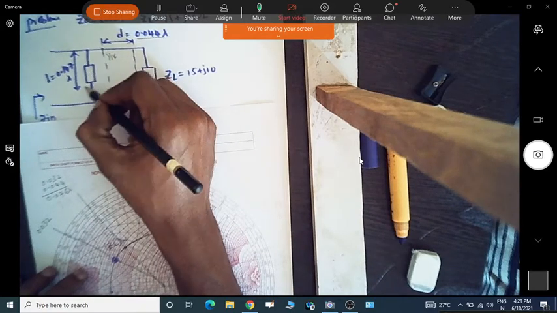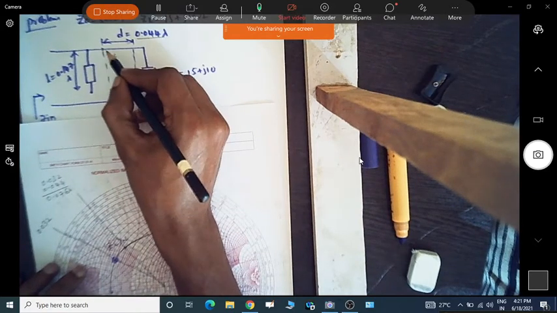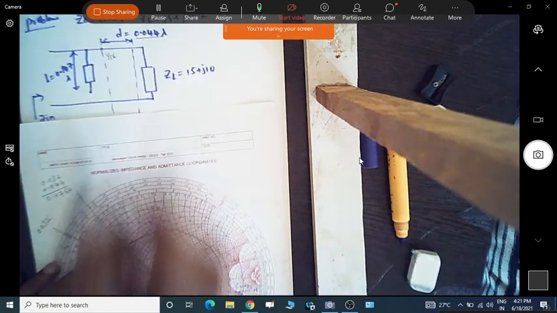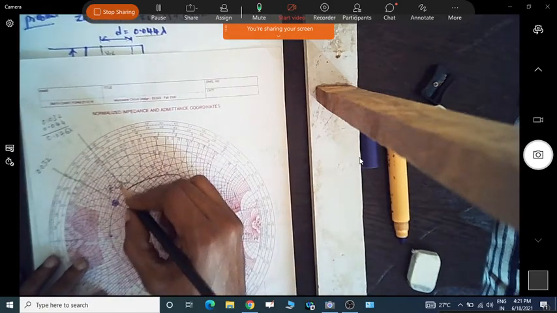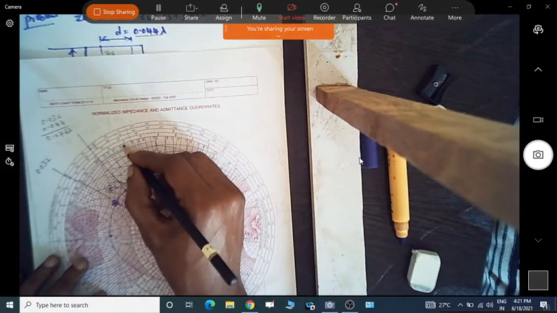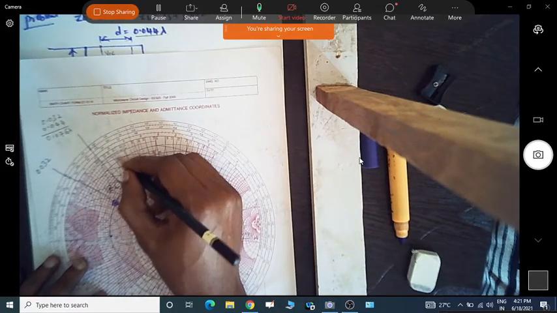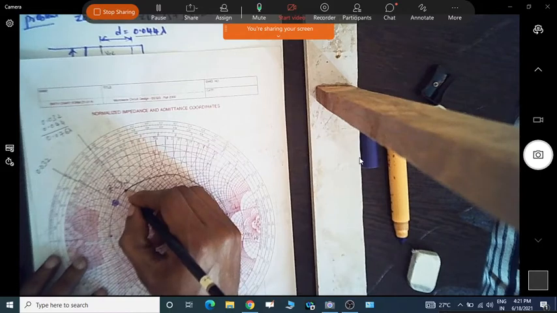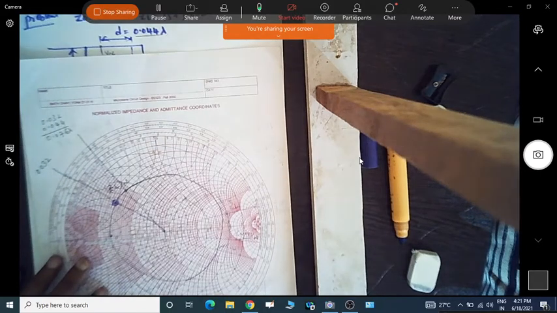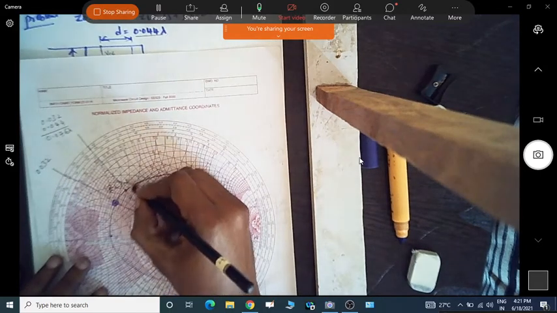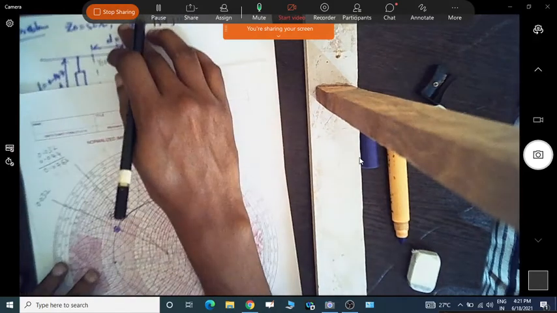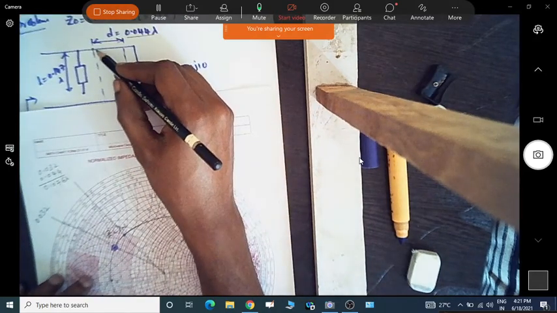Before adding the susceptance of the stub, we have to see what is the susceptance at this point. So now we can see here, we can get around 1.4 or 1.3 or 1.5 in the range of that one. Okay, that is a susceptance which is offered at this point, that is the obtained value of the susceptance at this point.